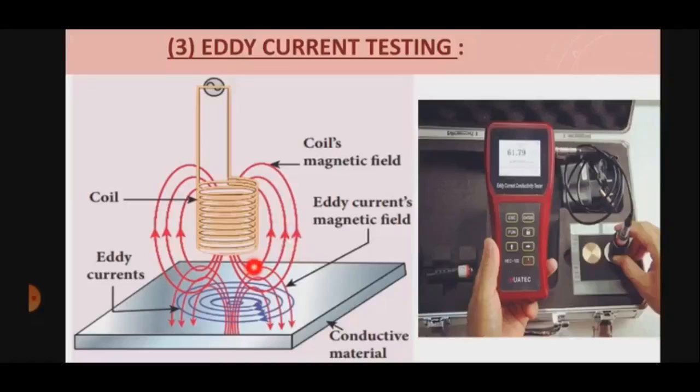When this coil is brought near the test surface, the presence of a defect causes a change in phase and amplitude of the eddy current. The change in amplitude of the eddy current can be detected by some other means. This way, a defect present in the specimen is identified. So this is nothing but eddy current testing.